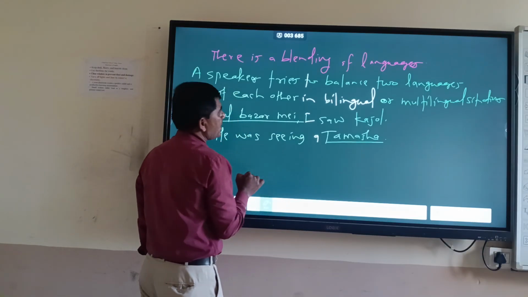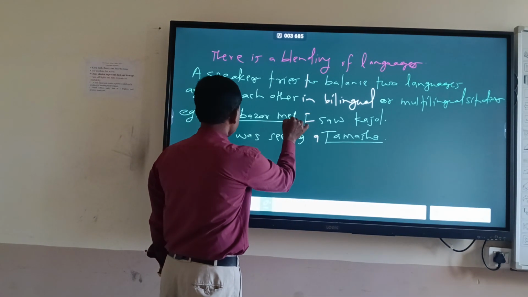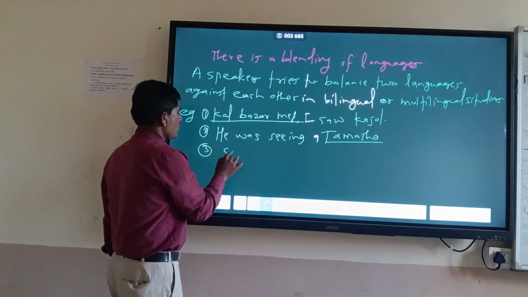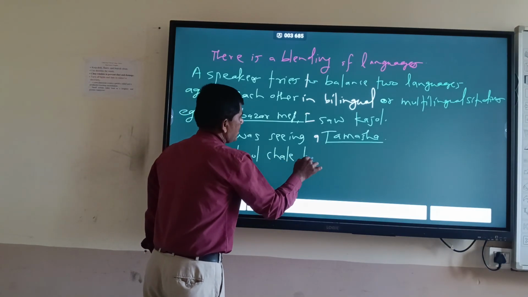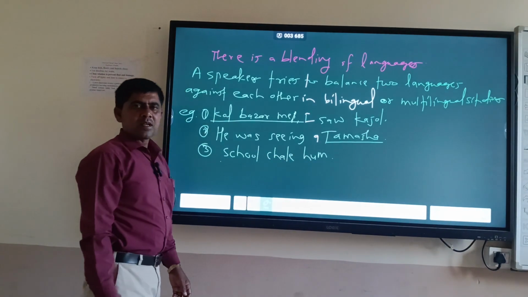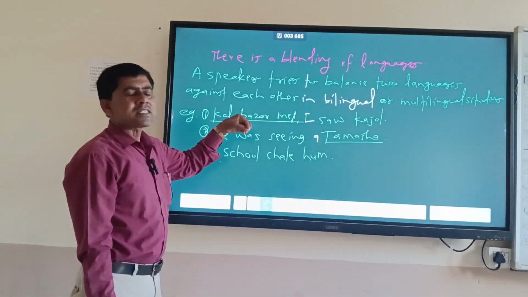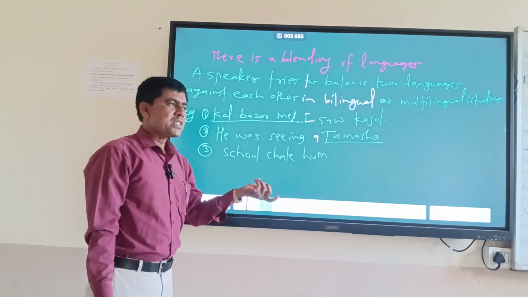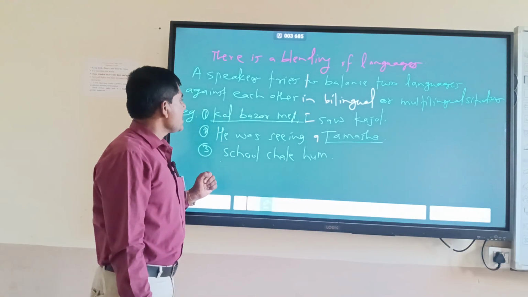Kal bazaar mein he was seeing a tamasha. और स्कूल चले हम science. So these are examples of code mixing: one language, one word from another language, and one word from the first language. So this is known as code mixing.